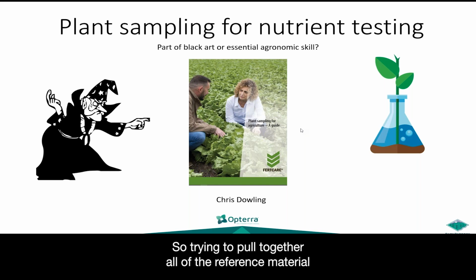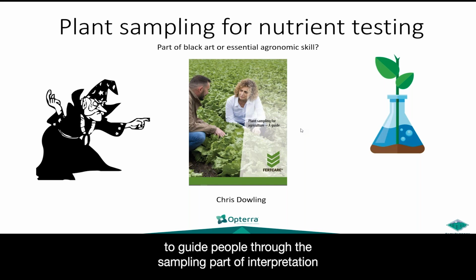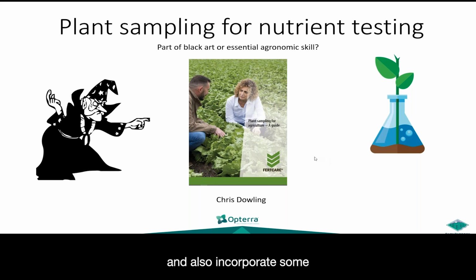We're trying to pull together all of the reference material that's out there and put it into a practical guide to guide people through the sampling part of interpretation, and also incorporate some of the more modern thinking about sampling in relation to using tools that relate to precision ag and those sorts of things.